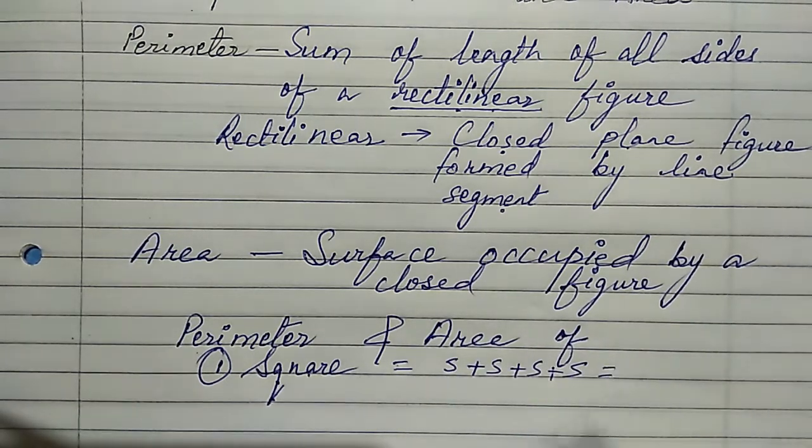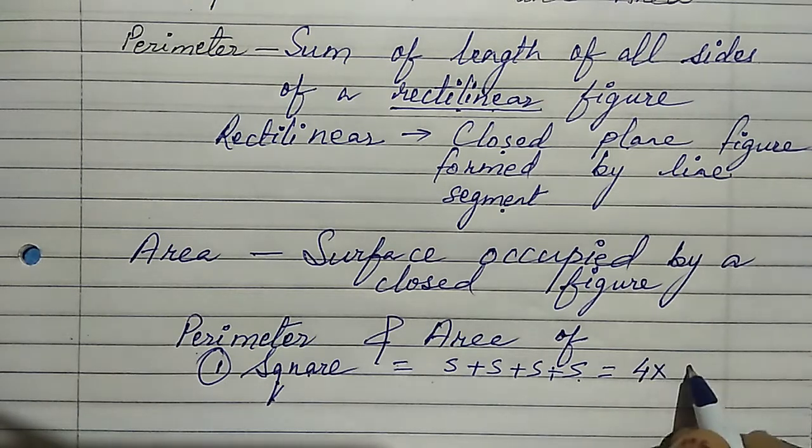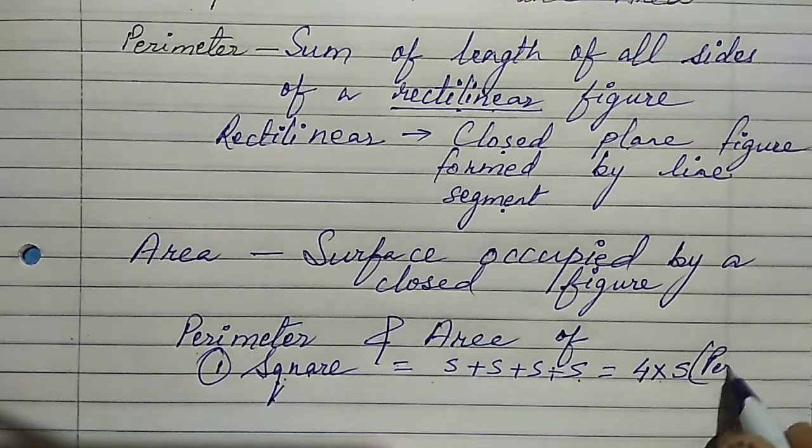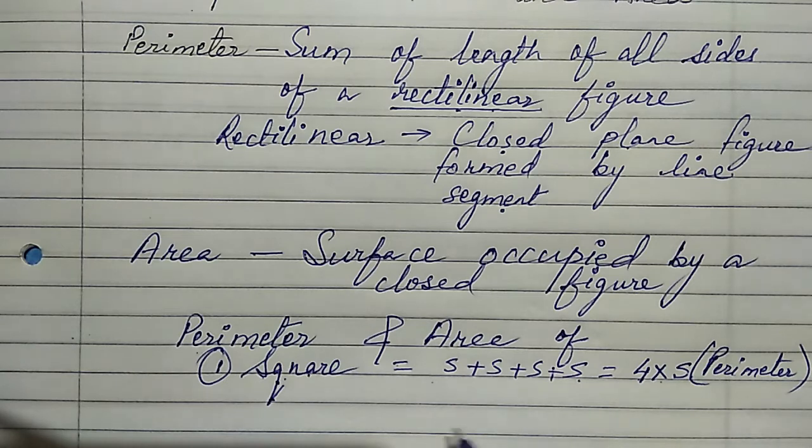And what is the meaning of repetitive addition? It is 4 times the side. So perimeter of a square is 4 multiplied by side. This is the perimeter. Now if I have to find the area, what should I do?